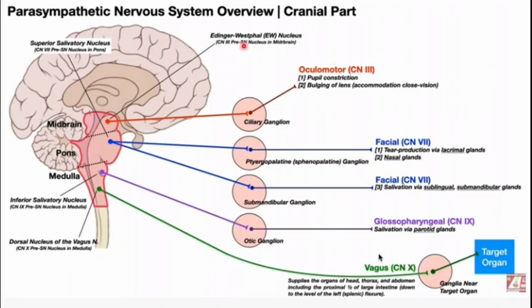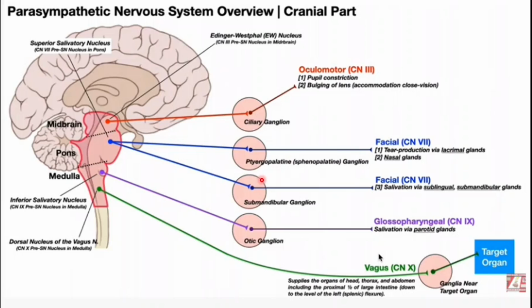So the Edinger-Westphal nucleus, the superior salivatory nucleus, the inferior salivatory nucleus, and the dorsal nucleus of the vagus nerve, they all are activated by the parasympathetic division. So you know that in the sympathetic nervous system, we have discussed the ganglia.